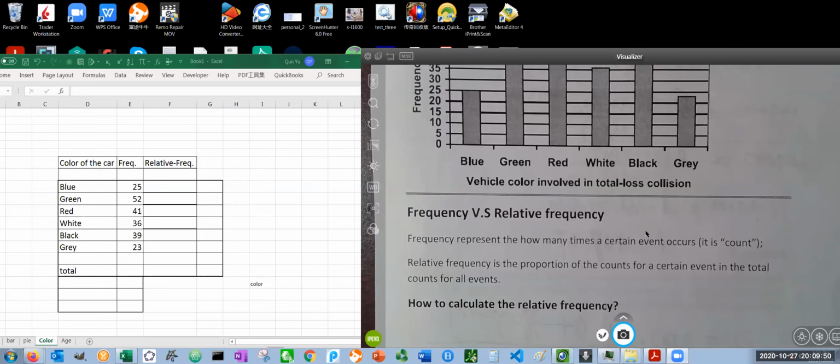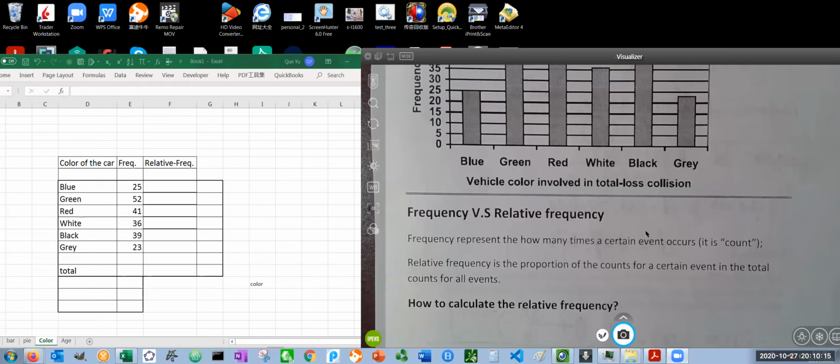Until I tell you that, let's assume, there were 1 million total loss car accidents. Then you realize blue cars are actually good. There are not many of them, because 25,000 compared to 1 million is a really, really small number. That's how important the concept of relative frequency is.